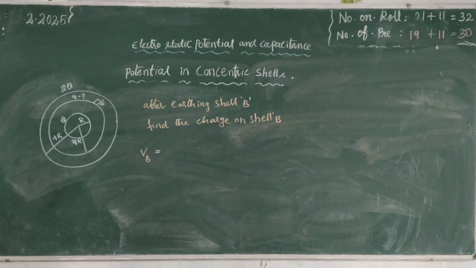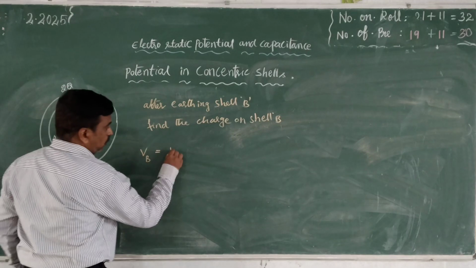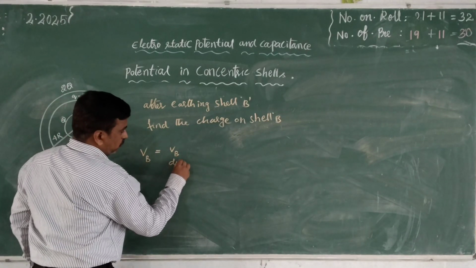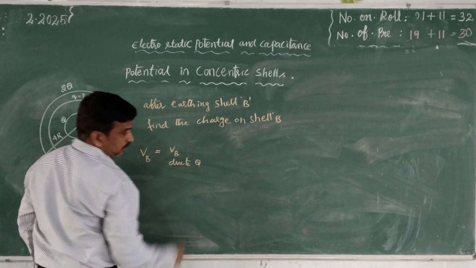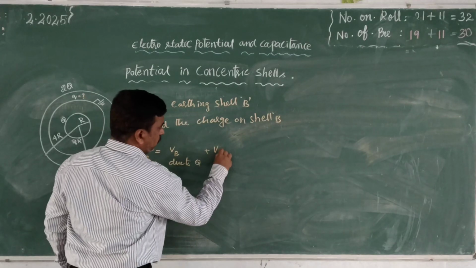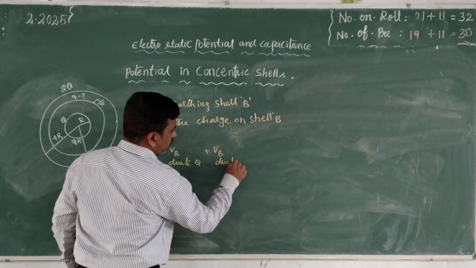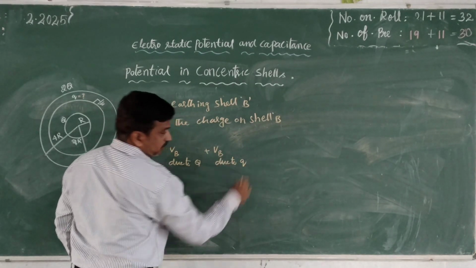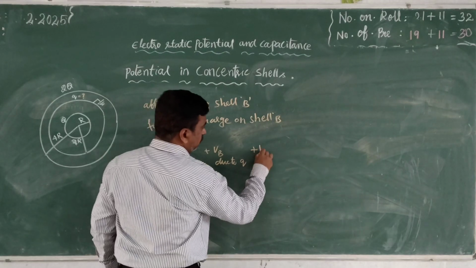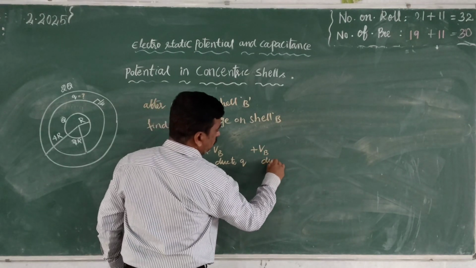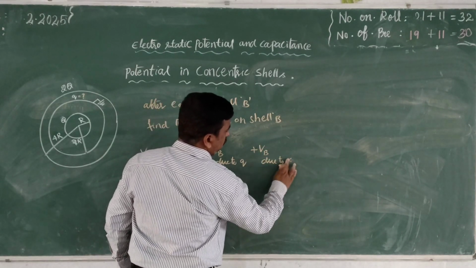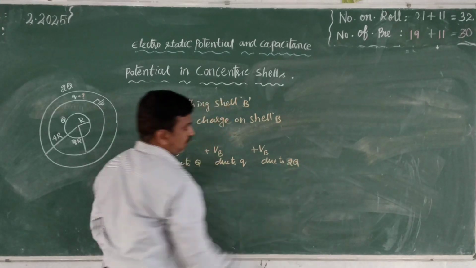For that, the potential on B is due to the first sphere, the second sphere, and the third sphere, which has charge 2q.